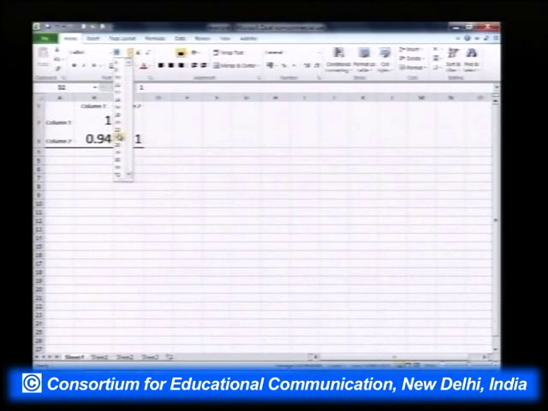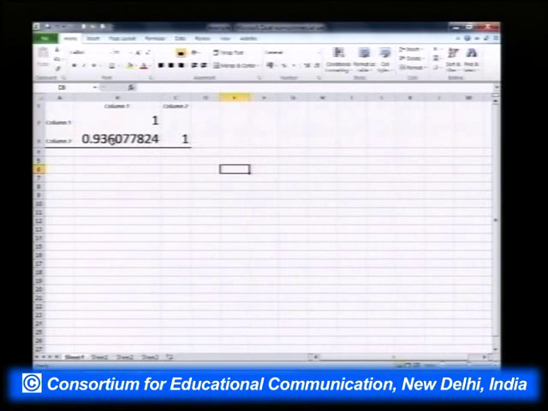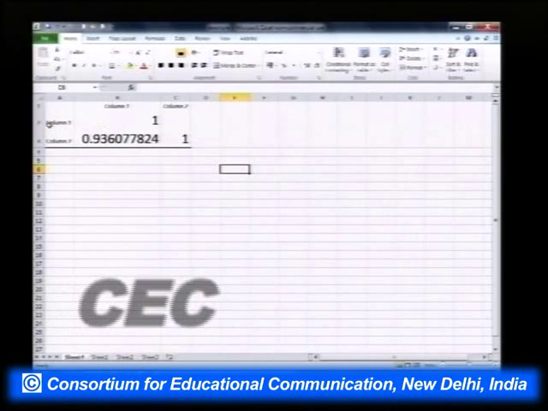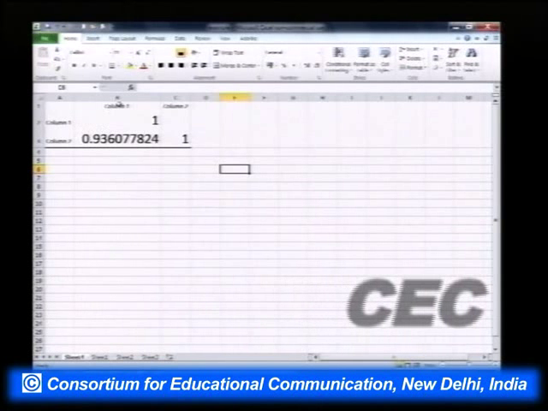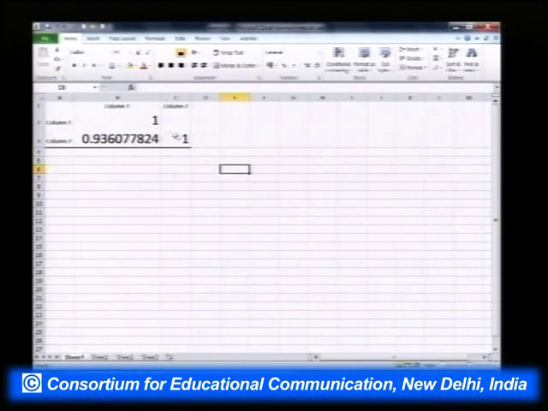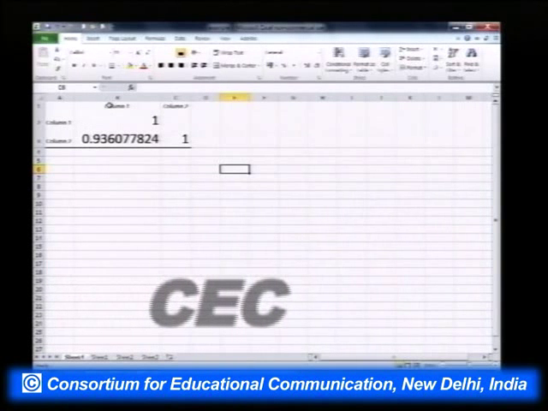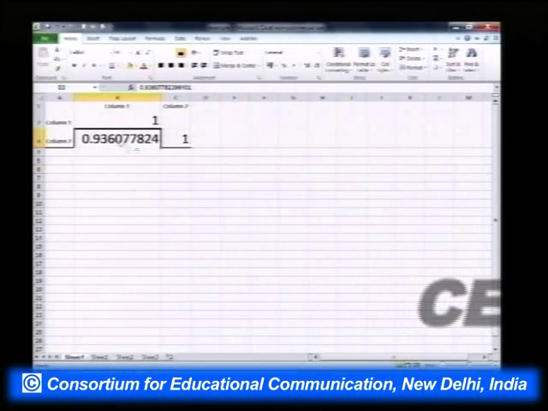So the correlation between the same variable is always 1, and the correlation between the first and second variable, that is duration of stay and attitude towards the city, comes out to be 0.936.